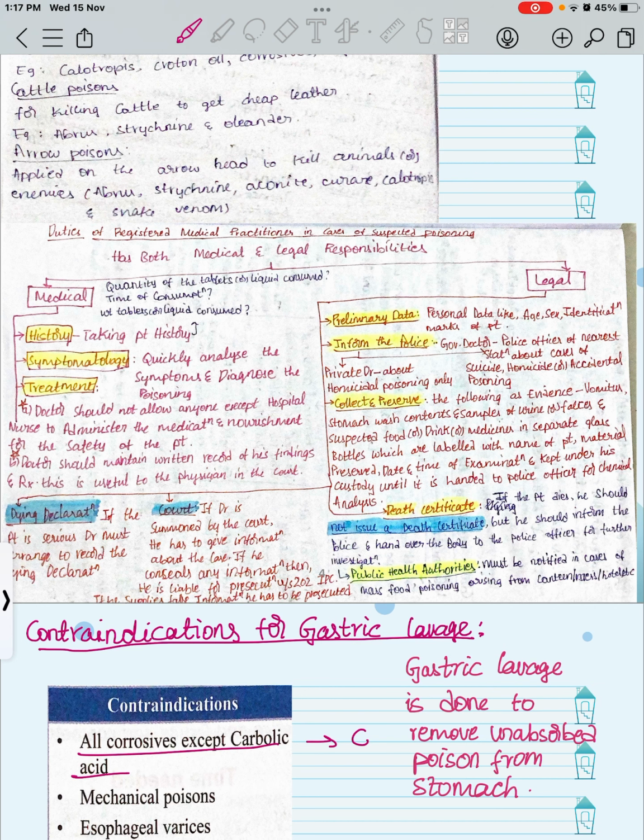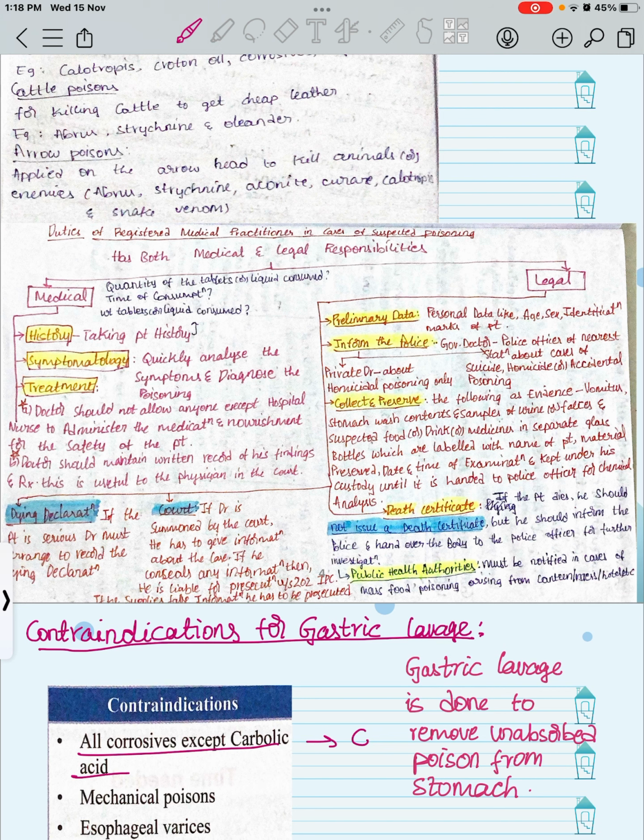Collect and preserve the following as evidence: vomitus, stomach wash contents, and samples of urine or feces, and suspected food or drink, or medicines in separate glass bottles which are labeled with the name of the patient, material, date and time of examination, kept under his custody until it is handed to the police officer for chemical analysis. Death certificate: if the patient dies, he should not issue a death certificate, but he should inform the police and hand over the body to the police officer for further investigation.